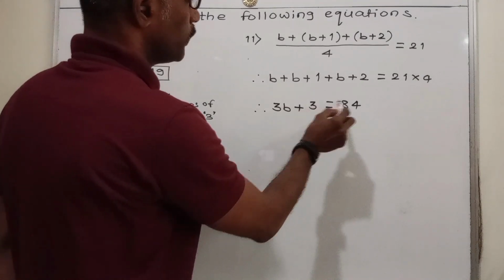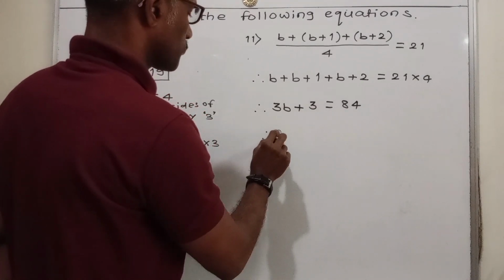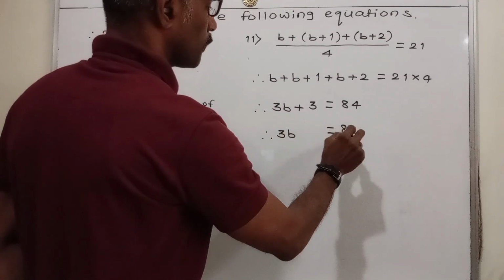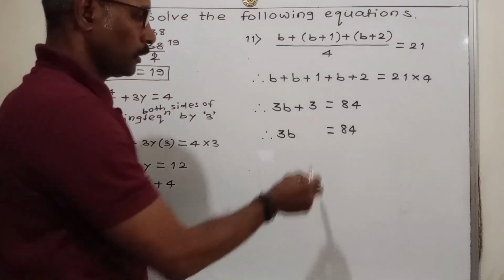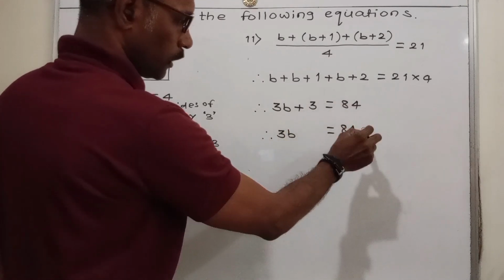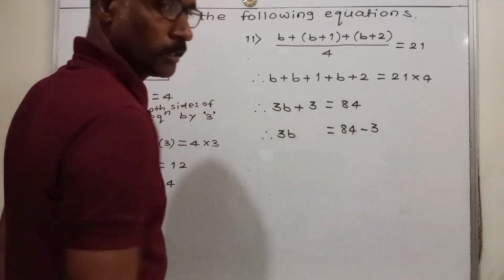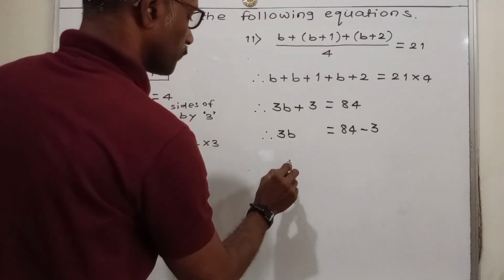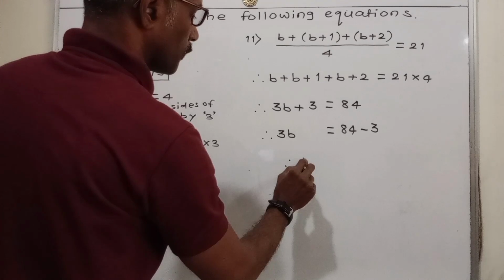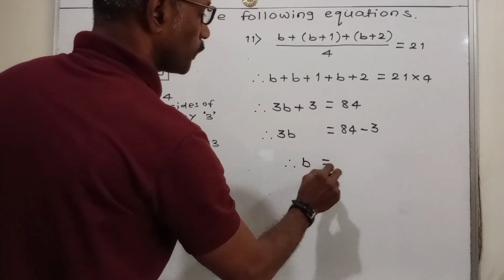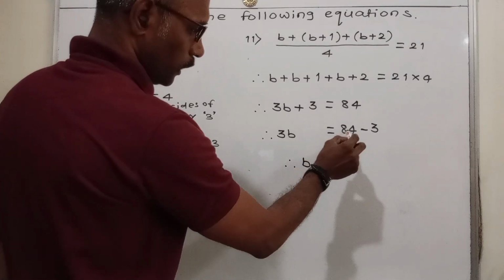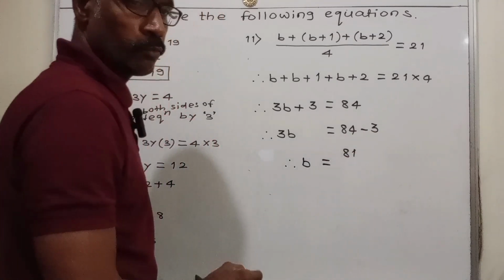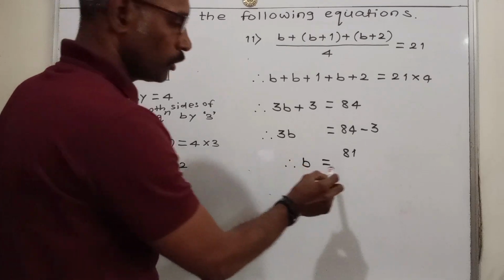84. Now 3 and 84 are like terms. Then we take together. Then this plus 3 becomes minus. Did you get it? Therefore, 3b is equal to, see this, 84 minus 3 means 81, and here multiplication, no?